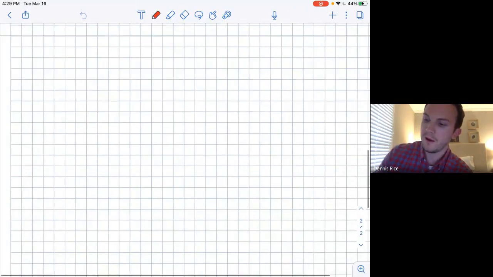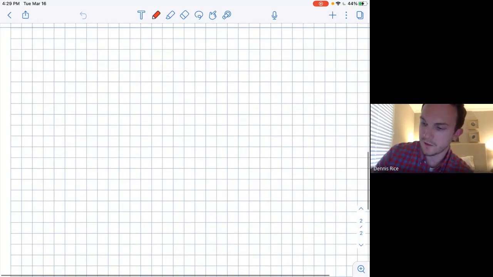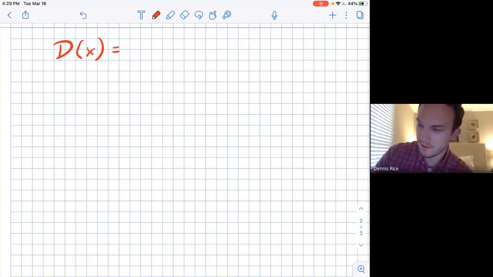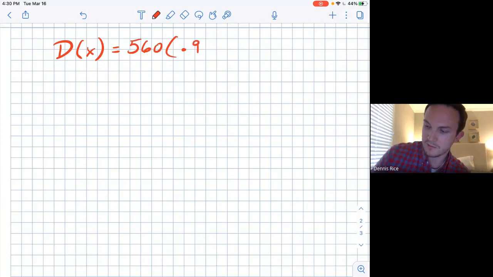Okay. So let's look at an exponential function. Let's call it d of x. This is stock price, let's call it. So we'll say 560 times 0.9932 to the x power.